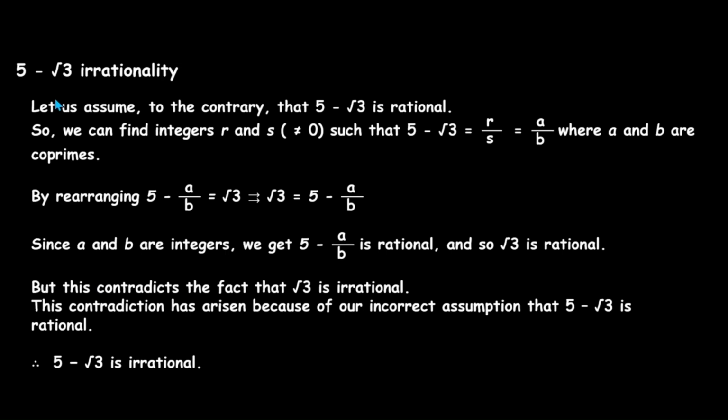So except the multiplication case or division case with 0, any other combination of a rational number and irrational number, be it any operation between them, addition, subtraction, multiplication and division, we can prove them to be irrational using the same methodology.